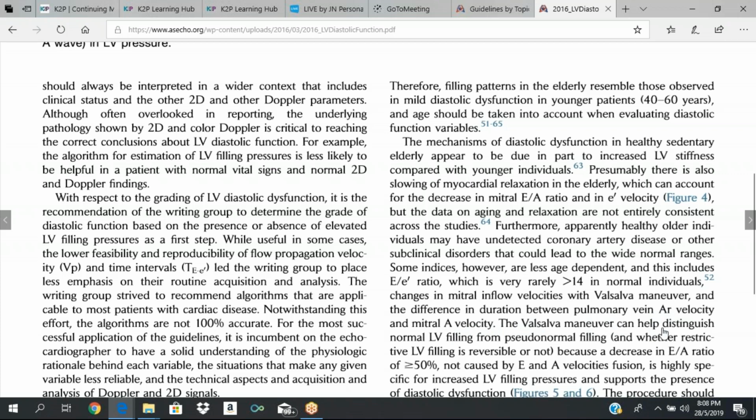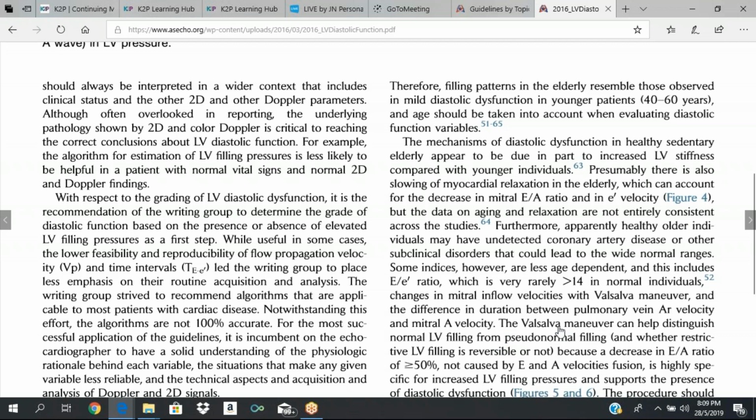The Valsalva maneuver can help distinguish between a normal filling pressure and a pseudo-normal, and we go over that, so don't worry about that. Basically, what they're saying is, an older patient comes and the E velocity is low and the A is high, and you suspect diastolic dysfunction.